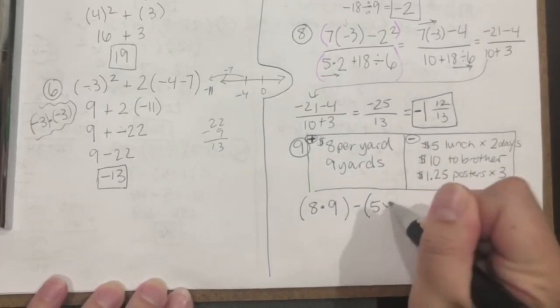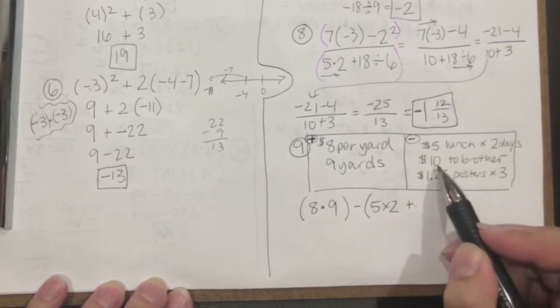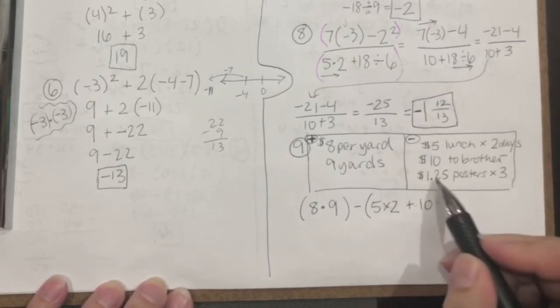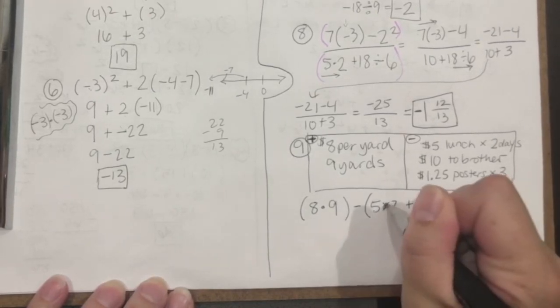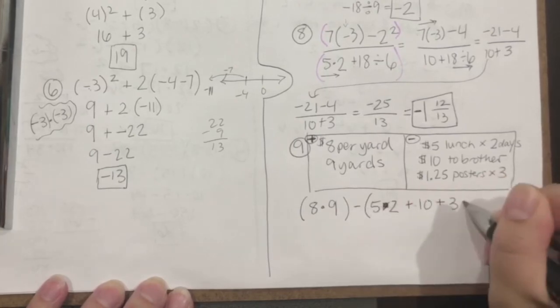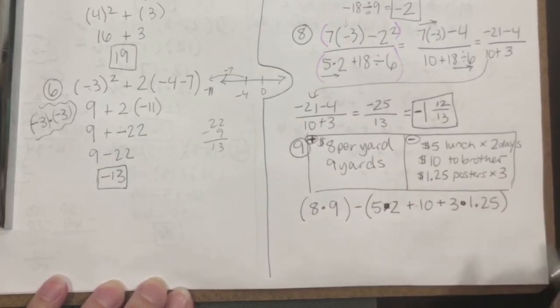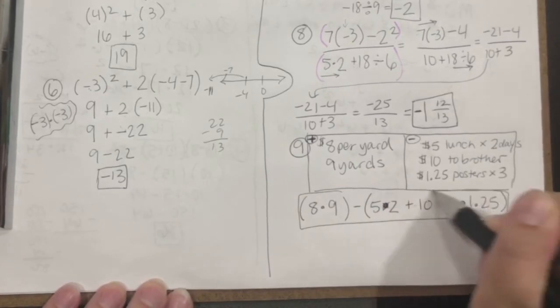So 5 times 2. And then what else is in this box here? $10 to the brother, so plus another $10. And then plus another 3 times $1.25. So 3, I should have put a dot here for multiply, times 1.25. Okay, there's our expression. I'm going to put a box around it because that was part of the question.